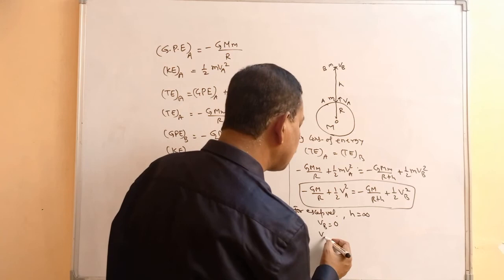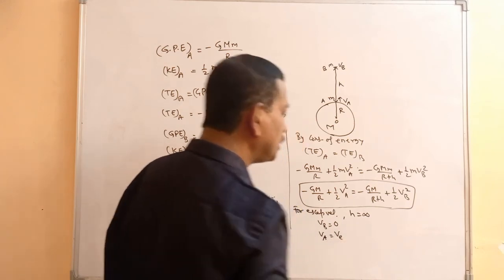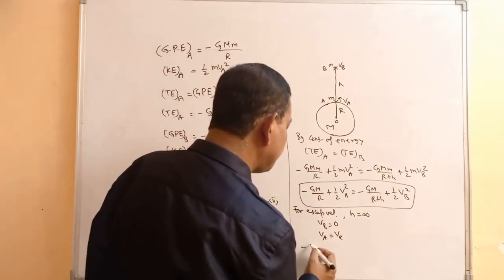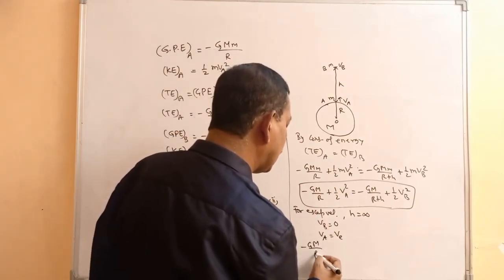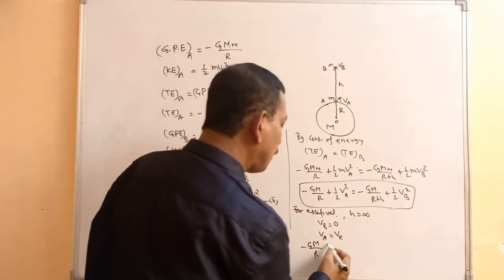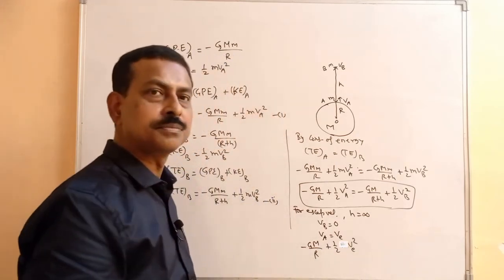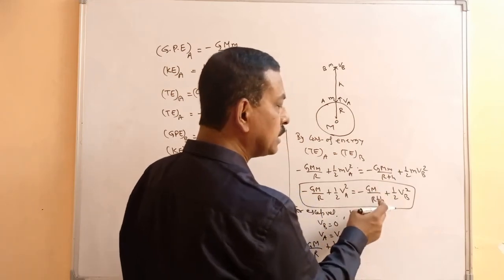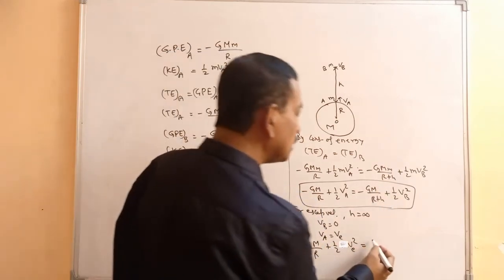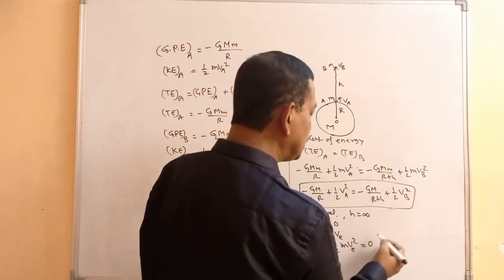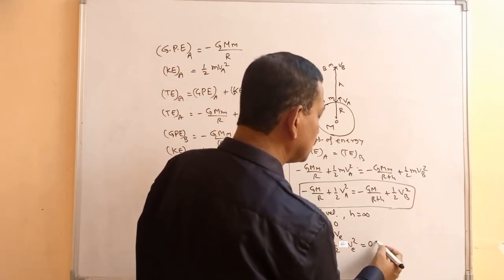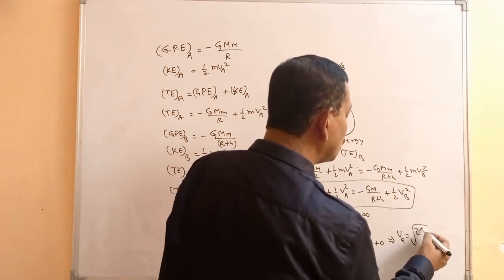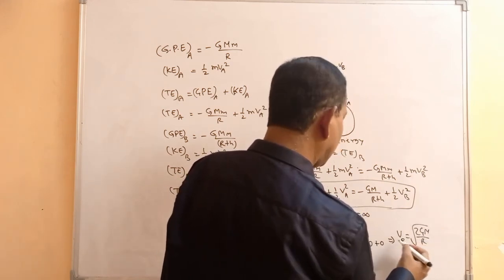And for Va we write Ve, the escape velocity. So if I substitute it here, minus GM by r equals, this term will be 0, GM by infinity, so it is 0. Half m vb square, we have taken 0. So that gives you Ve equals root over 2GM by r.